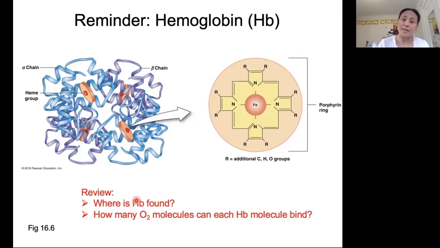So I just want to remind you, hemoglobin is made up of these 4 protein subunits. Typically 2 of them are alpha chains, 2 are beta chains. Each of those protein subunits holds a heme group, and each heme group can bind 1 oxygen molecule. Therefore, each hemoglobin molecule binds 4 oxygen molecules.